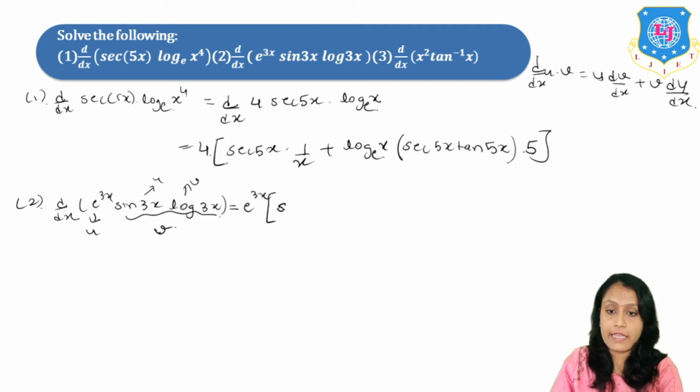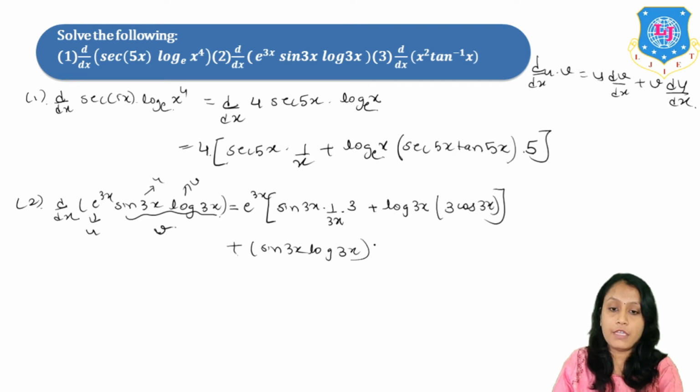So sine 3x as it is, derivative of log 3x is 1 upon 3x, again multiplied by 3. Plus now log 3x as it is, and the derivative of sine 3x will give you 3 cos 3x. Plus now this term we keep as it is, that is sine 3x log 3x, and the derivative of e raised to 3x will give you 3 e raised to 3x. You can take out e raised to 3x common and simplify.